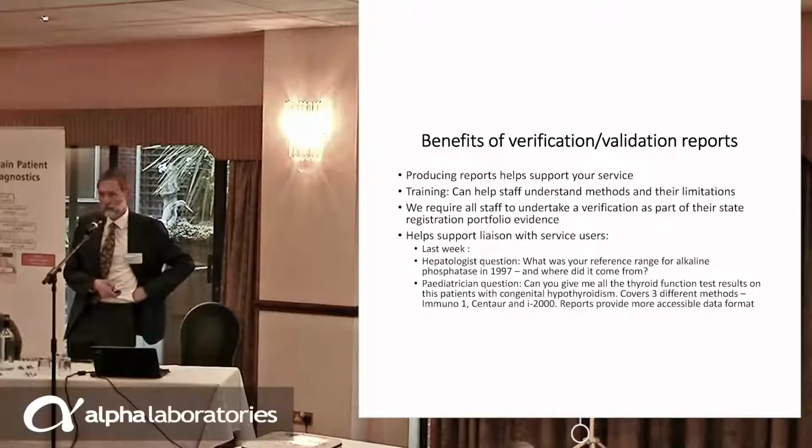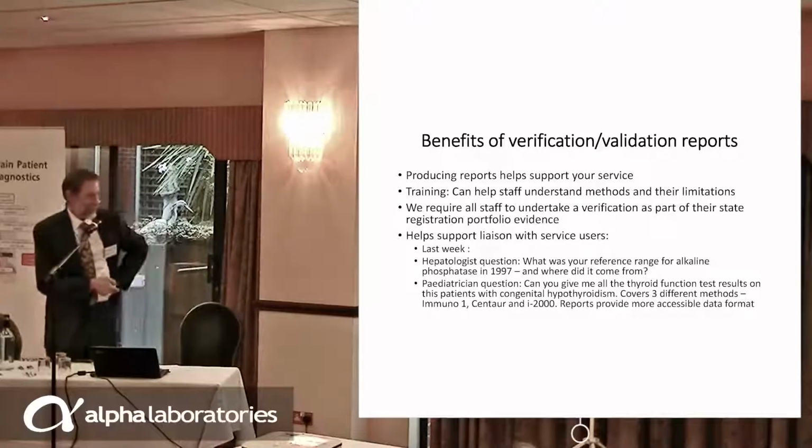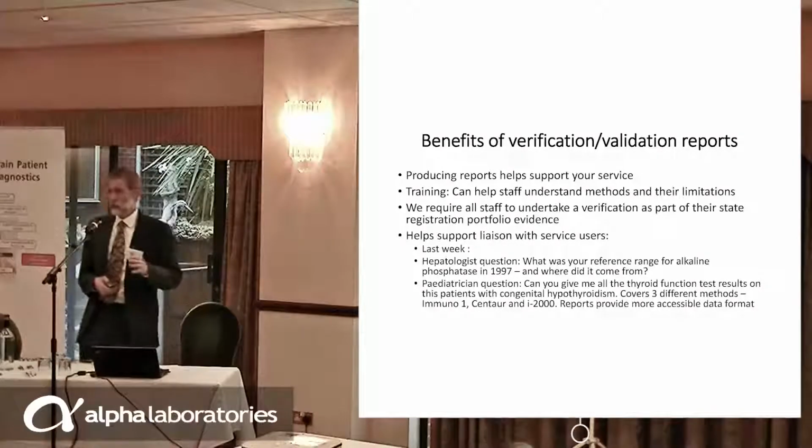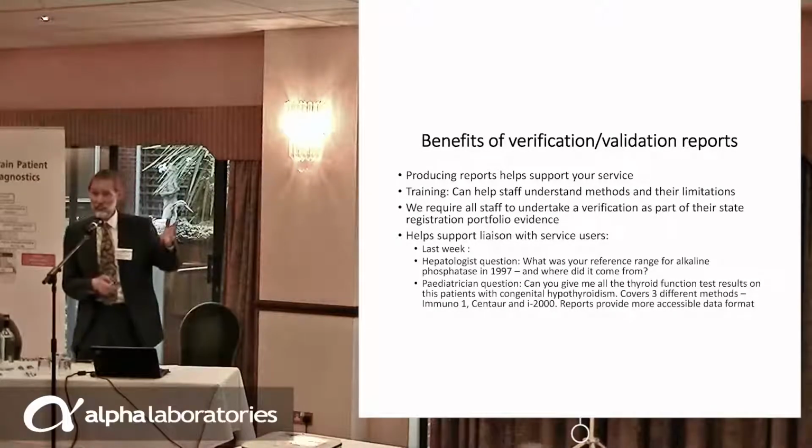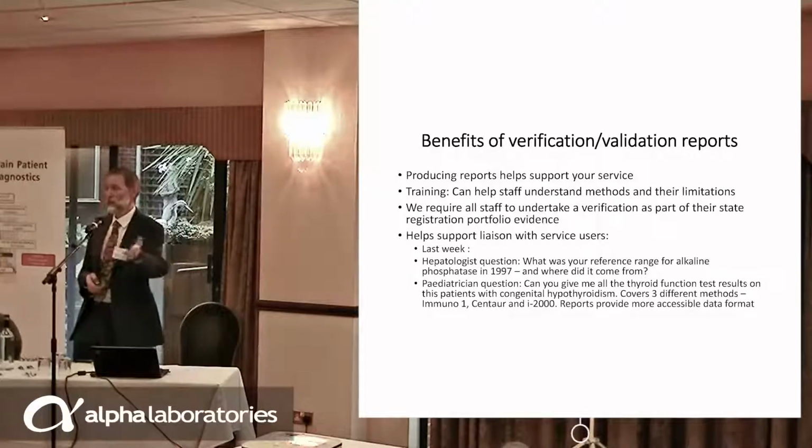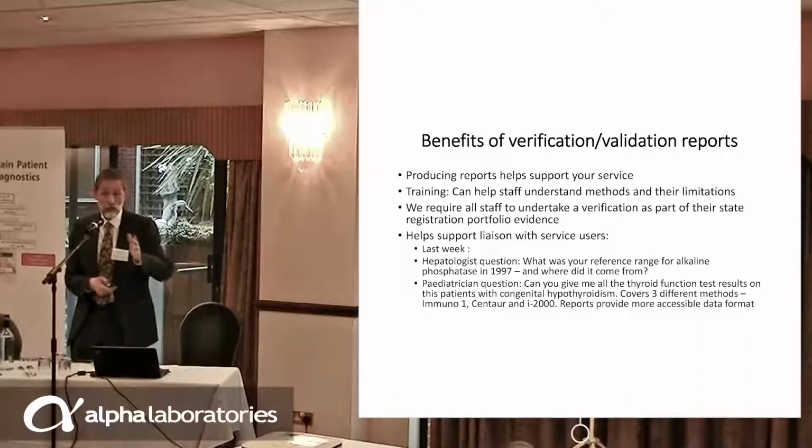Where did it come from? Probably a lot of people here weren't even working in 1997, but if I asked you what reference range your laboratories were using in 1997, I would hope most of you could tell me, because you can probably dig that out of your LIMS system. But the justification of how you came to choose that reference interval may be lacking.